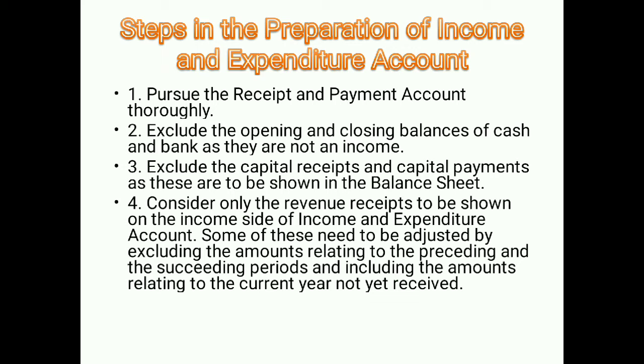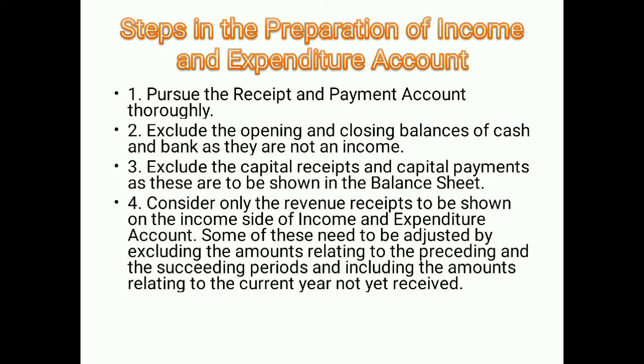Consider only the revenue receipts to be shown on the income side of the income and expenditure account. Some of these need to be adjusted by excluding the amount relating to the preceding year and succeeding periods, and including the amounts related to the current year not yet received. It is simple. Suppose in your receipt and payment account, the subscription is there for 3 years. Suppose it is 2020, and the subscription is 2019 5,000, 2020 10,000, 2021 1,000.